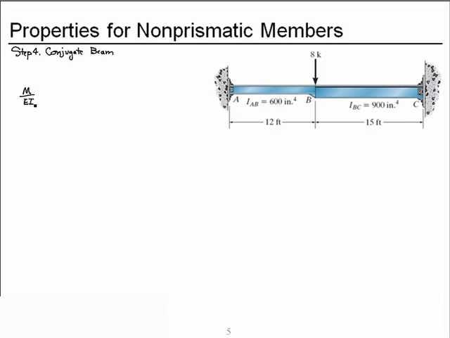And it needs to reflect that I is different from A to B and from B to C. And I'll draw both of those moment diagrams on the same figure here. This side being positive moment, this side being negative moment.